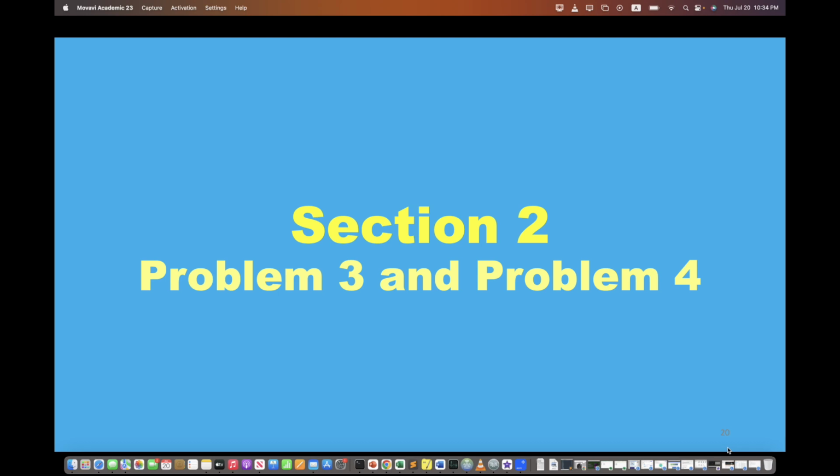Section 2 is a rather short section in which we will be talking about two similar problems, problem 3 and problem 4. Let's talk about problem 3.